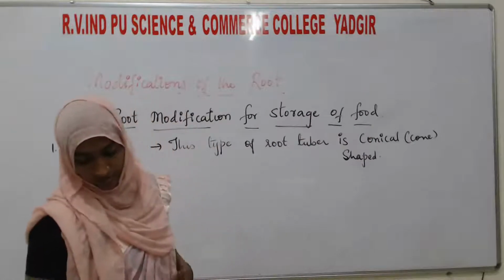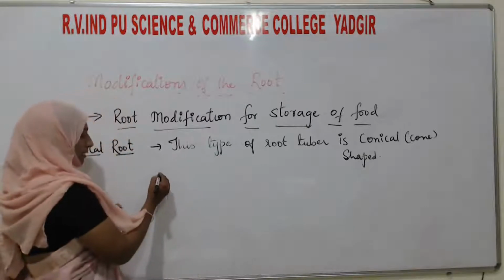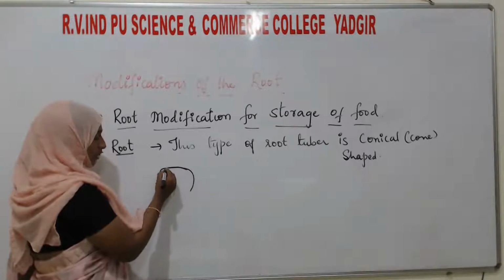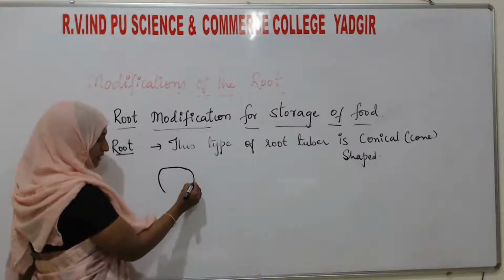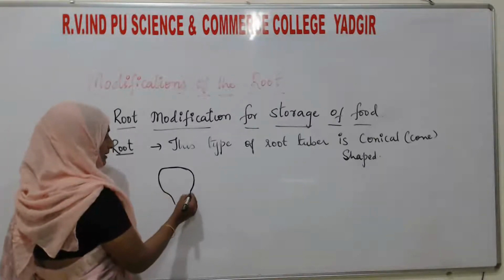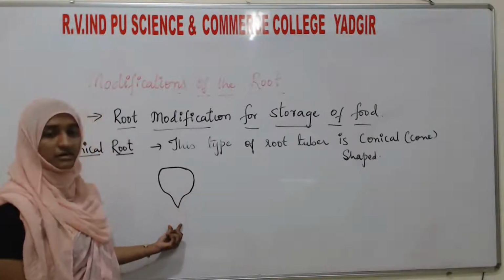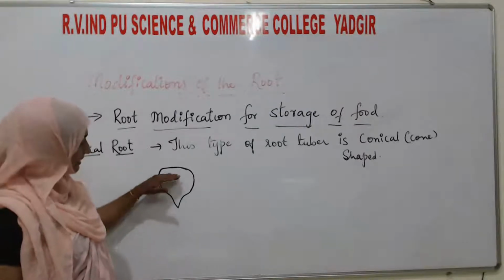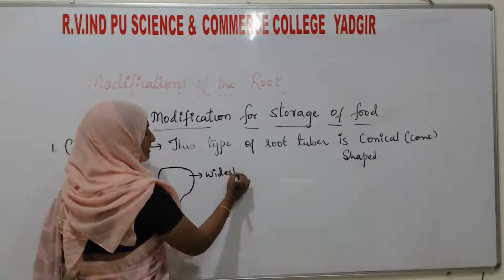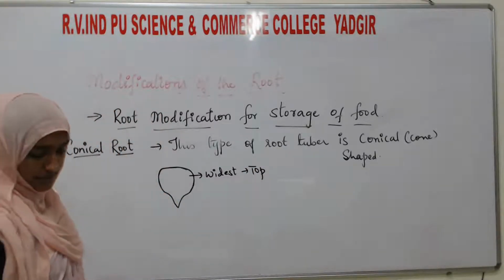Whatever the top part of the root is, it is somewhat wider. When we see the bottom part of the root, it is tapering, somewhat cone-like in shape. Widest at the top region, and tapering steadily.